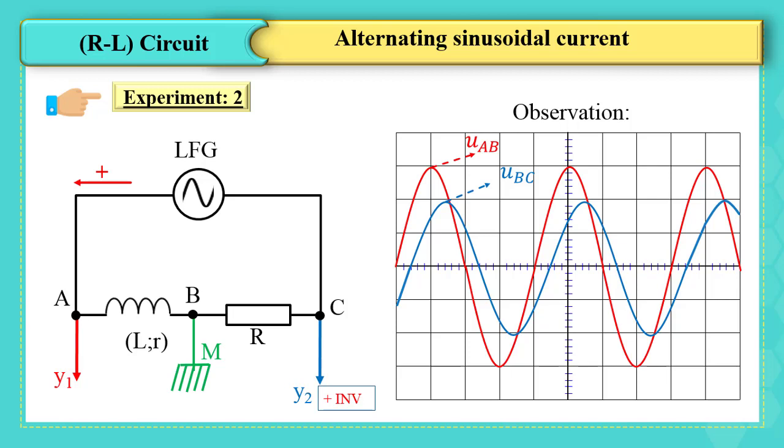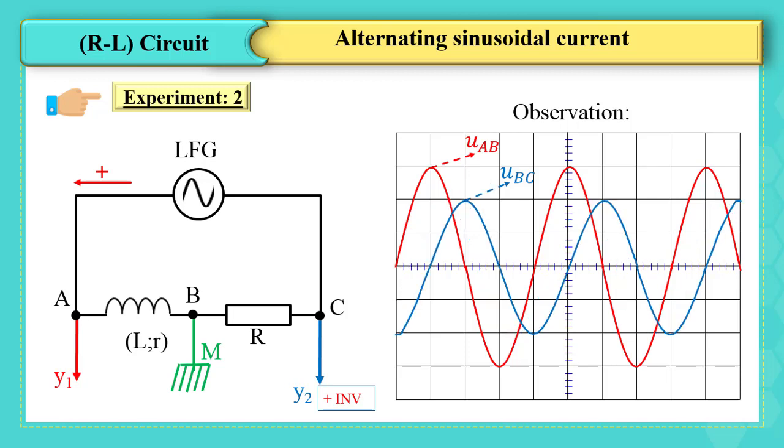According to the observation, the two waveforms are not in phase, and UAB reaches the maximum before UBC. So UAB leads UBC. And as we said before, UBC, the voltage across the resistor, is the image of i. So UAB leads i, and then we can conclude that the voltage across the coil leads the current i that traverses the coil.